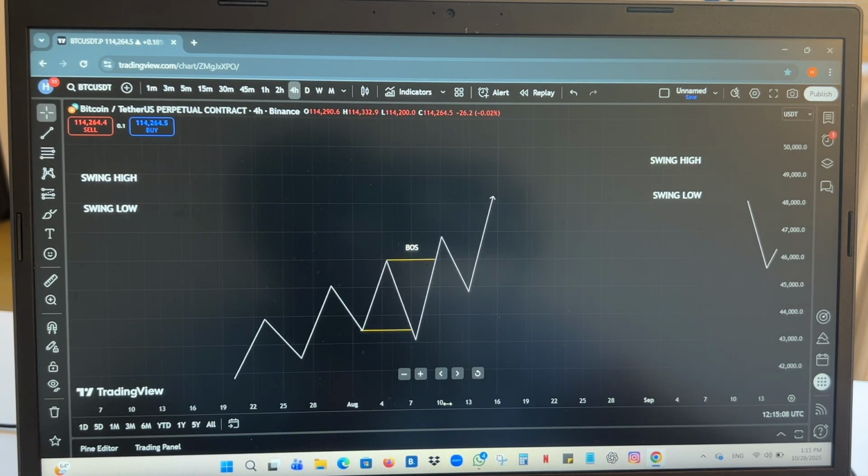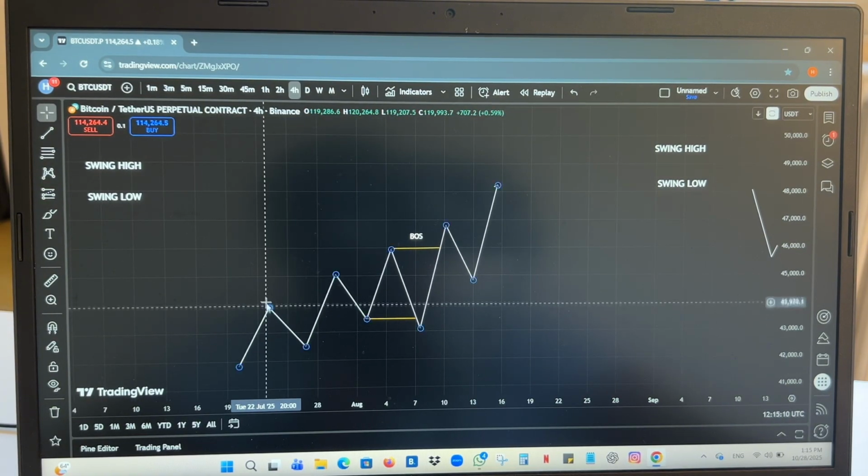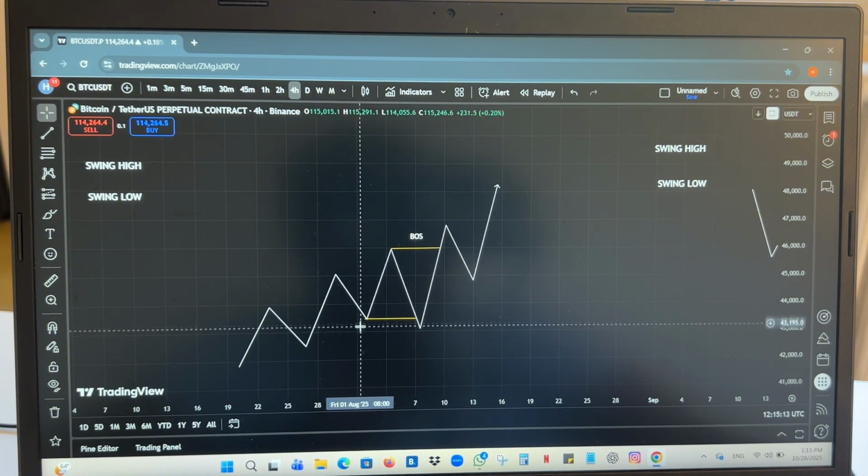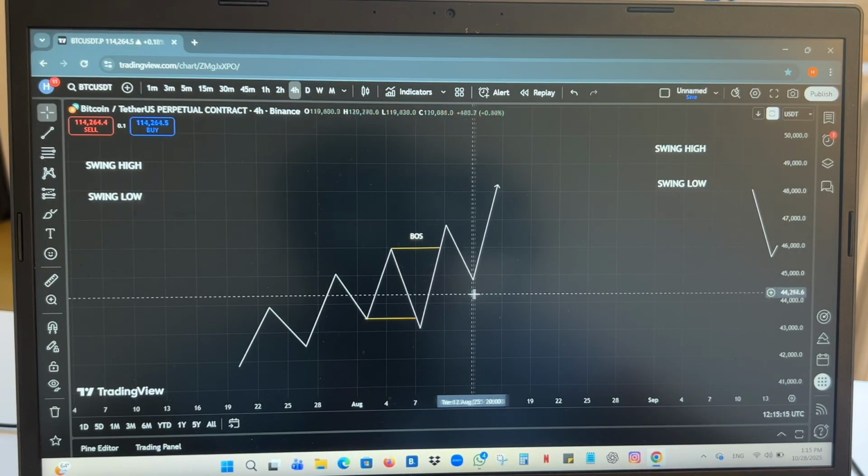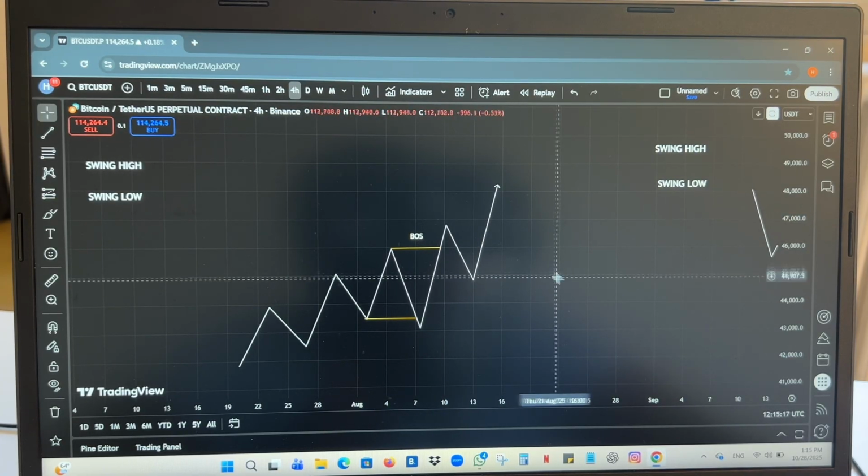Okay, now remember, previously we said these are high highs, high lows, high highs, high lows, because it's an uptrend.